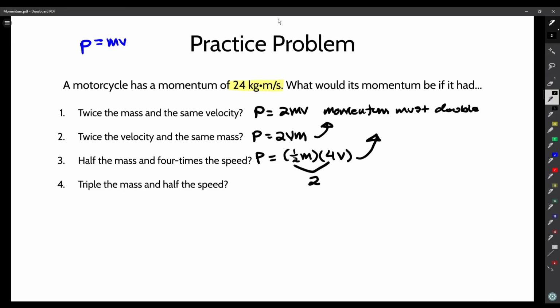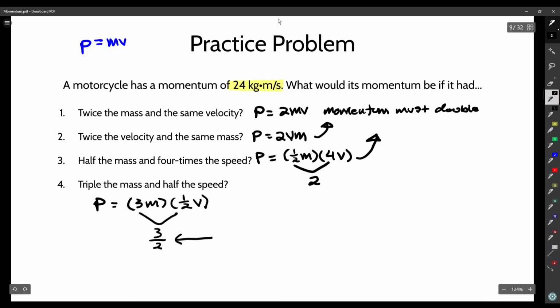So this scenario here, triple the mass and half the speed, we would have P equals 3m times half the speed. We can see the relationship between the 3 and the half will give us 3 over 2, which means 1.5 is the rate that momentum increases by.